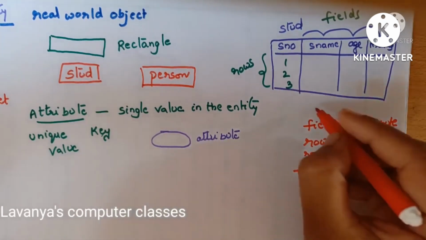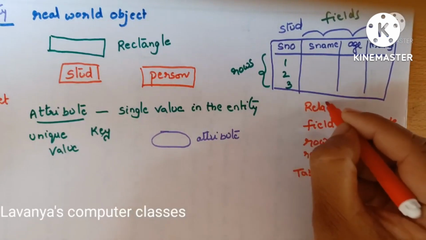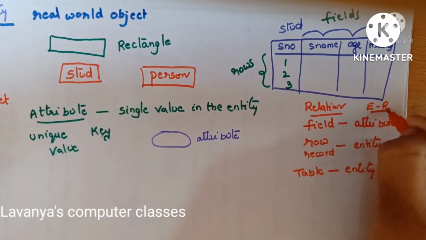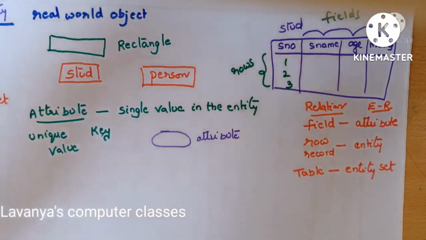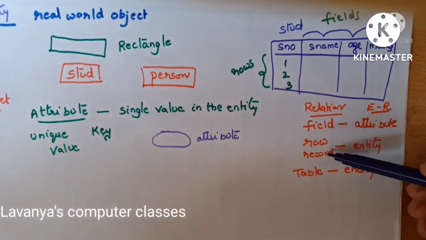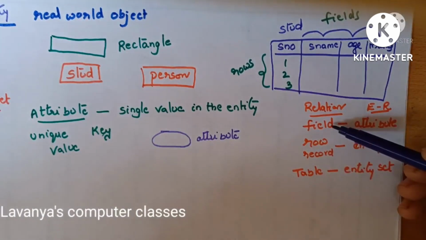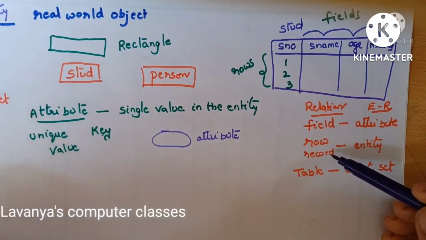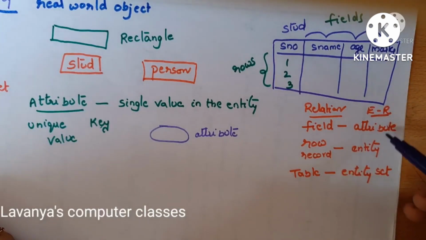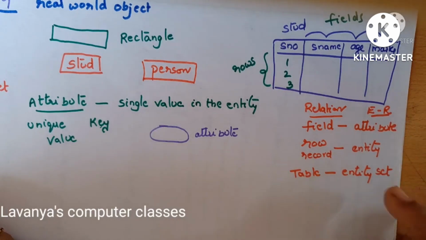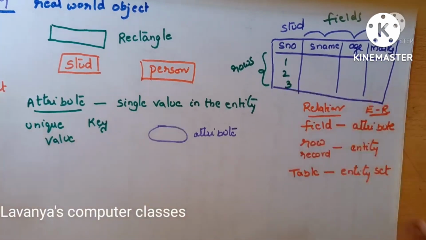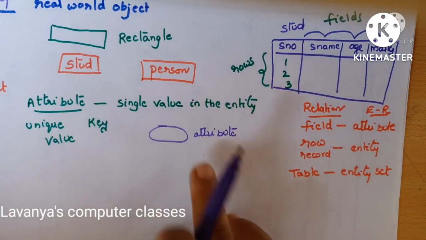This is the relational data model, which uses these words, and this is the ER model. Data models are different, but the concept is the same, only the terminology is different. In the relational model we have field, record, table. In the ER model, attribute, entity, entity set. Entity set is a table, entity is a record, and attribute is a field.